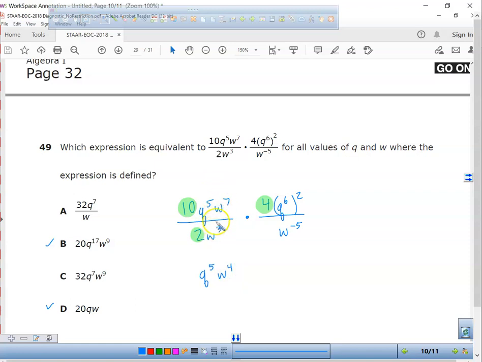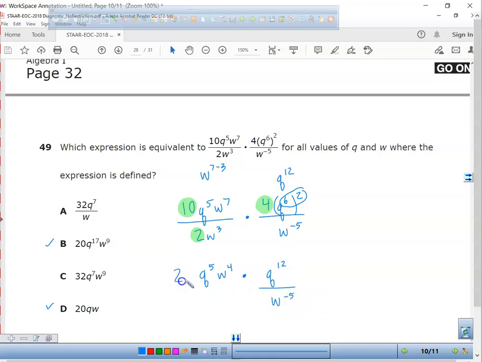So if you're wondering what I did right here, all I did was take w to the power of 7 minus a 3, and I got a 4 times. Here we have what's called the power property. The power property allows you to multiply these together. So this becomes q to the power of 12. Q to the power of 12 over w to the negative 5.